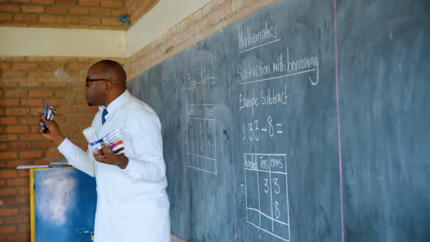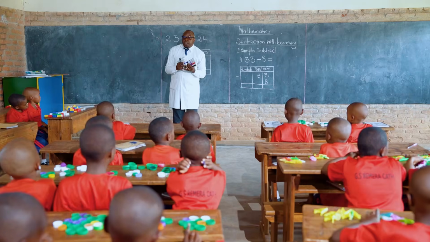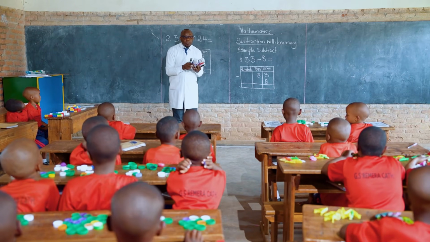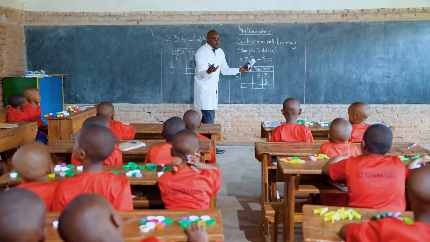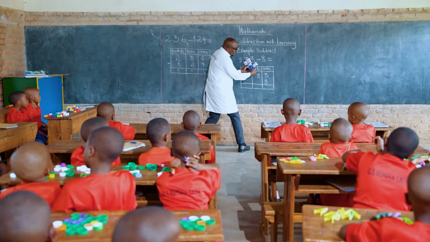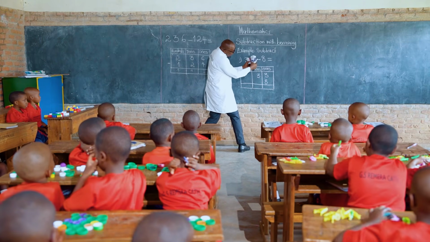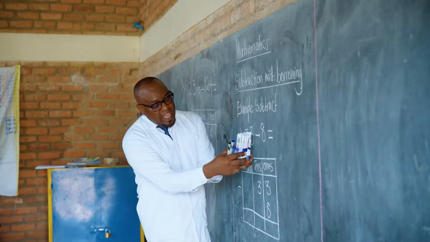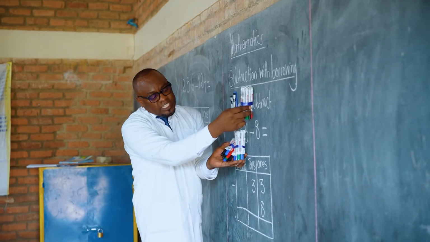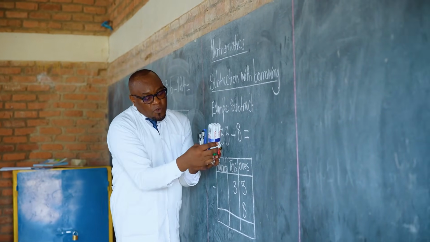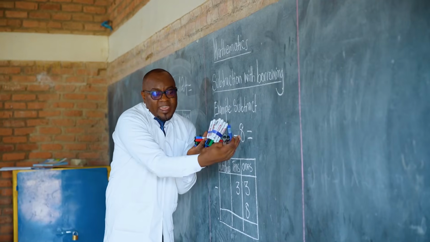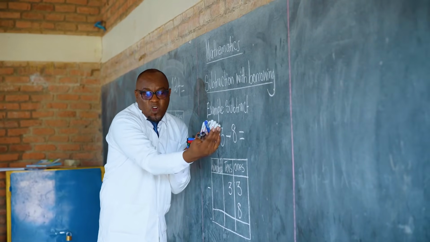And if it is not possible, do you know what to do? Let me show you what to do. We are going to borrow from this. Out of the other 3 tens, I'm going to borrow 1 ten to this side. Remember that today I had 3 only.